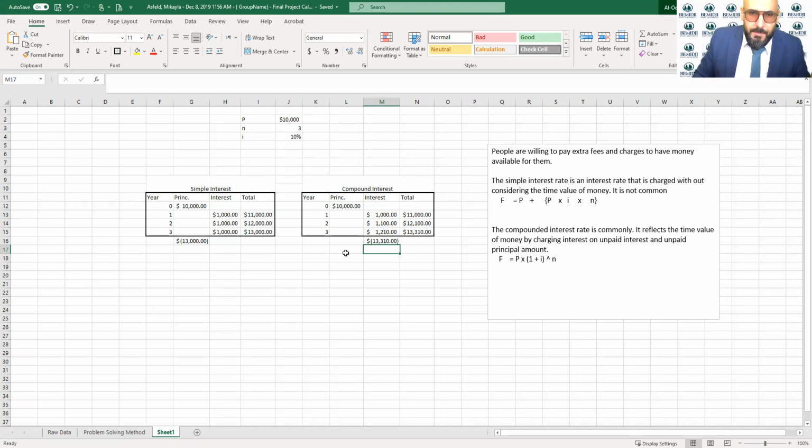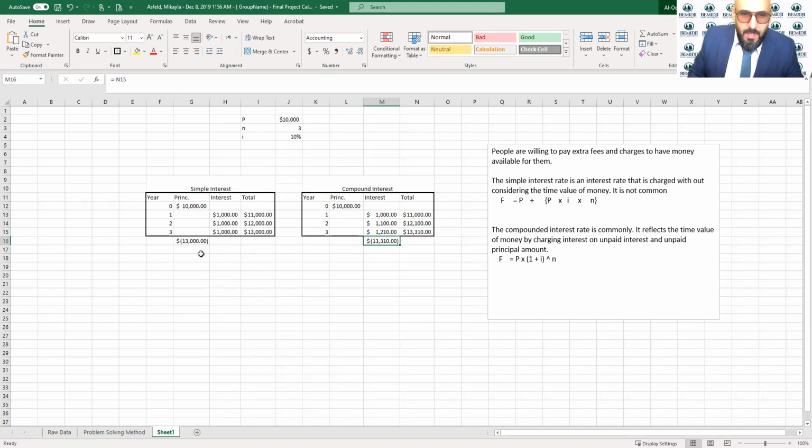So it is different. Again, just to summarize, the simple interest rate is based on the 10,000, and we use the 10,000 on years 1, 2, and 3. However, for the compounded interest rate, we don't use the 10,000. We use the cumulative total to find out what the total amount would be.